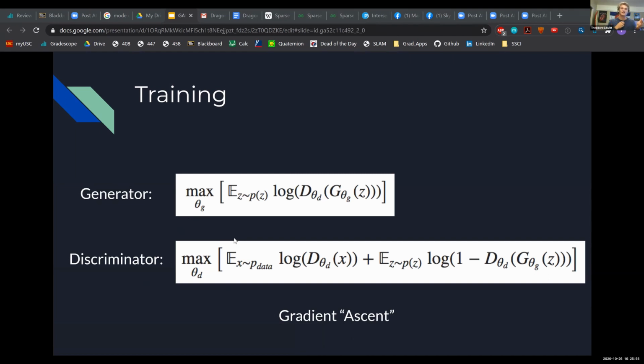And you're trying to maximize theta d, the discriminator parameters. And so instead of going downhill, now we're going uphill. And it works in the exact same way with a negative sign that's removed. So when you're going downhill, you go the negative of the gradient, you're descending it. But when you're trying to ascend, you go uphill. So you have a positive sign. You go up the gradient as opposed to down the gradient.